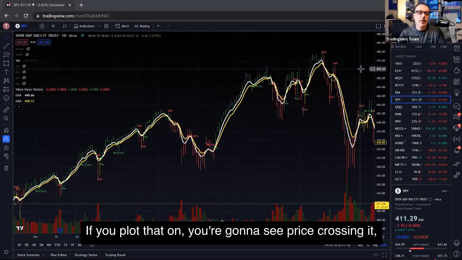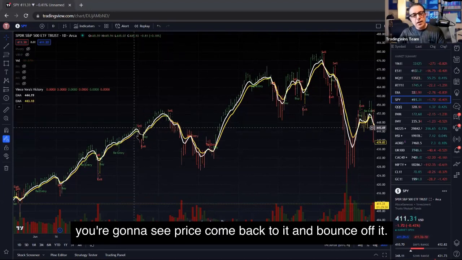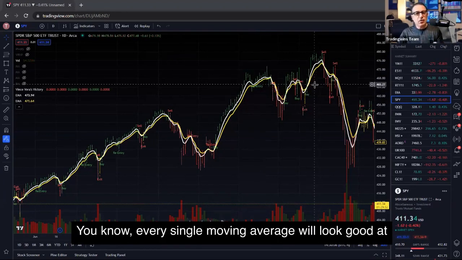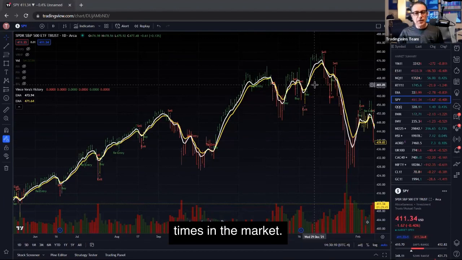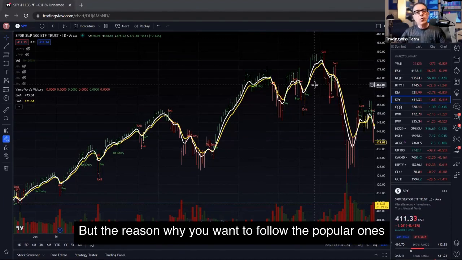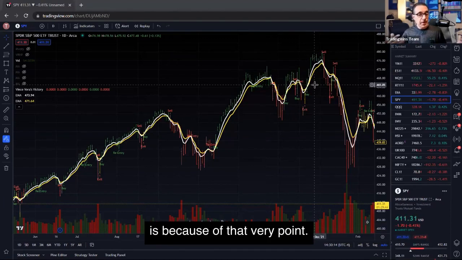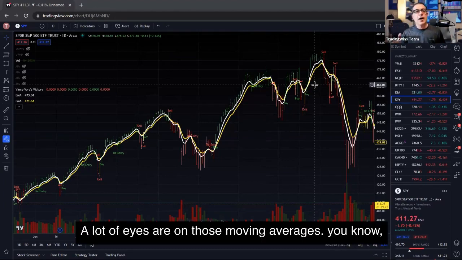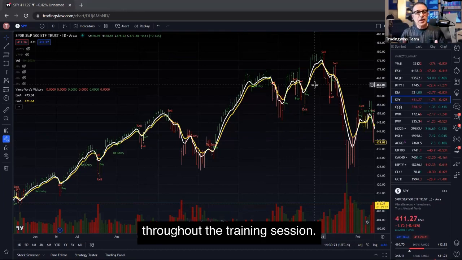If you plot that on, you're going to see price crossing it. You're going to see price come back to it and bounce off it. Every single moving average will look good at times in the market. But the reason why you want to follow the popular ones is because of that very point. A lot of eyes are on those moving averages throughout the trading session.